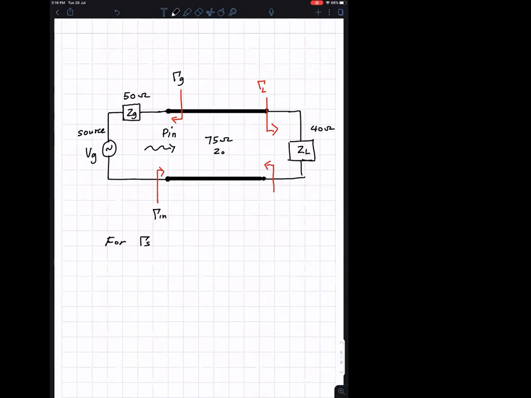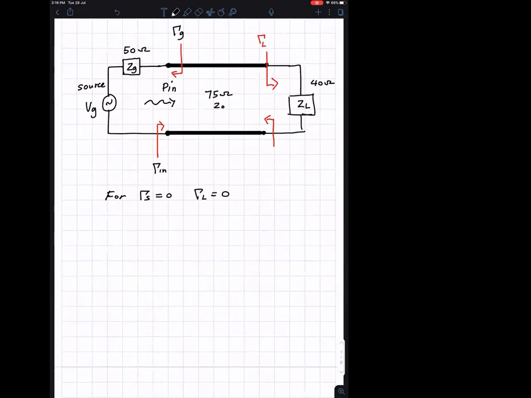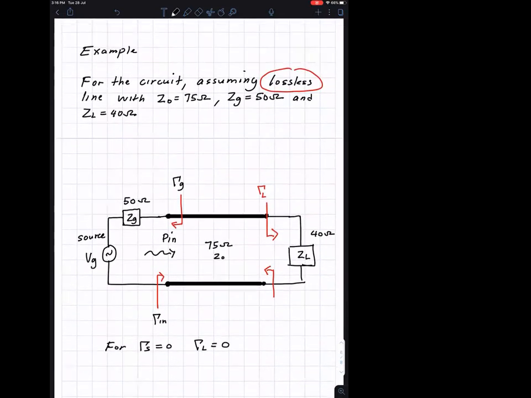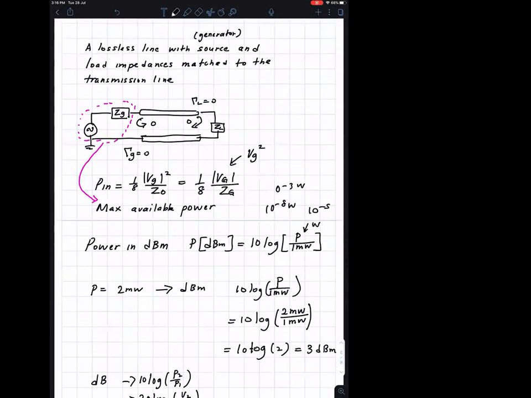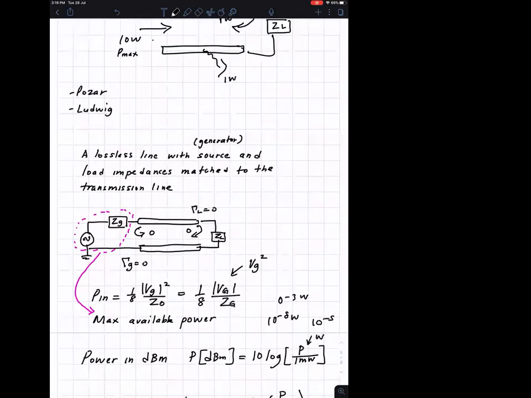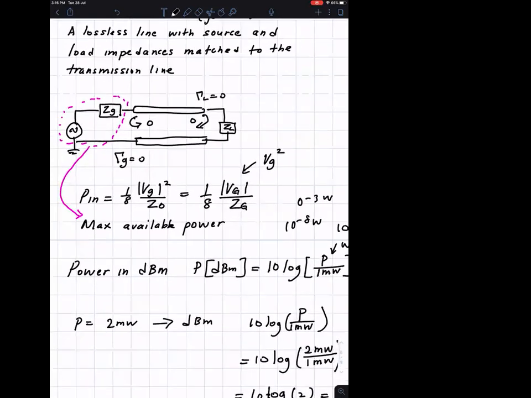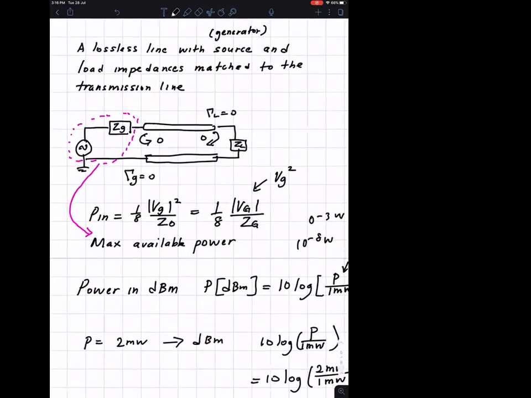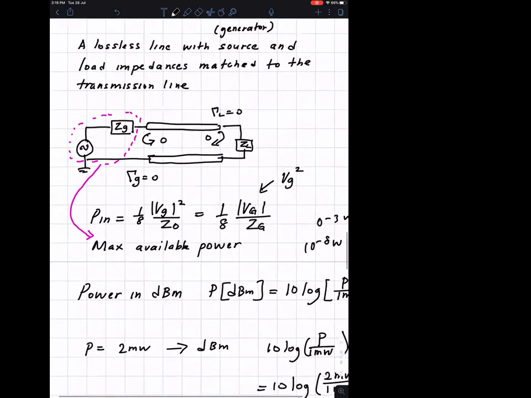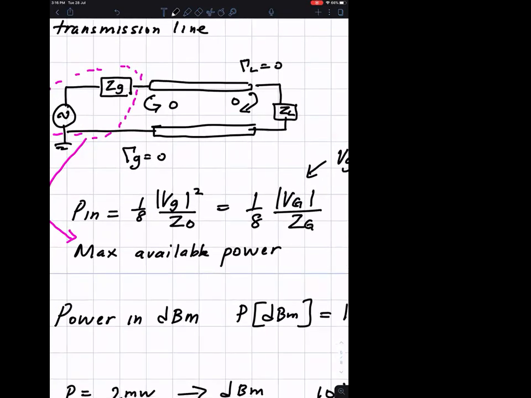The reflection at the source is equal to 0, and the reflection at the load is equal to 0. This is the same formula that I mentioned earlier. Remember, for a lossless line with a source and load impedance matched to the transmission line, this is the formula that we're supposed to use for maximum available power.